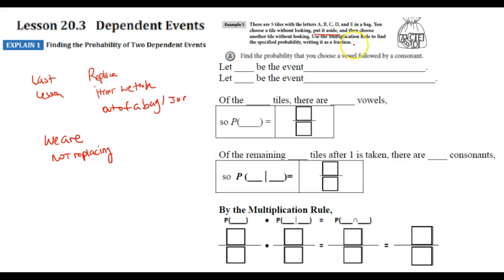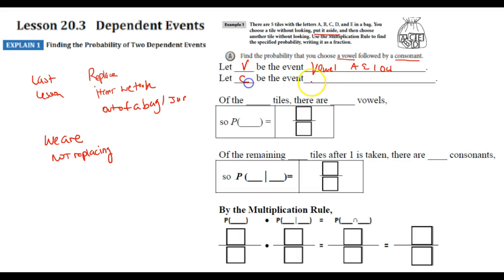So we are going to use the multiplication rule to find the specified probability, which is to find the probability that you choose a vowel followed by a consonant. So let's go over those words. I know this is not English class, but let's just review what those words mean. A vowel is letters like A, E, I, O, U. I'm going to use a V for vowel.